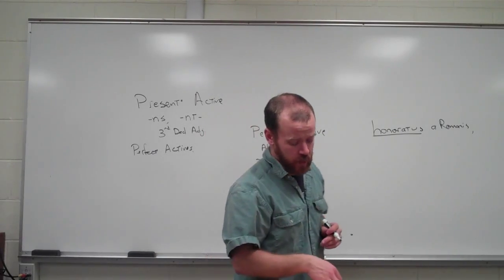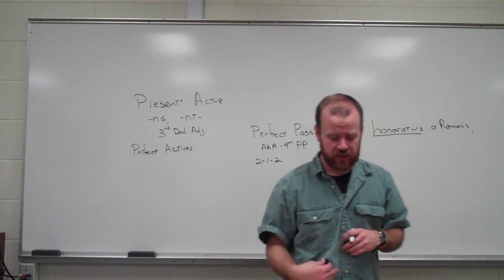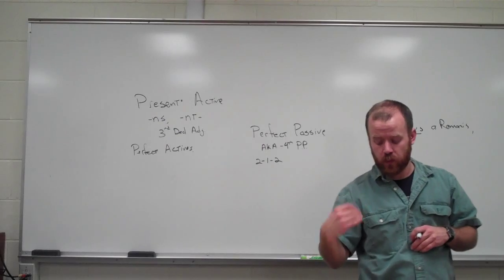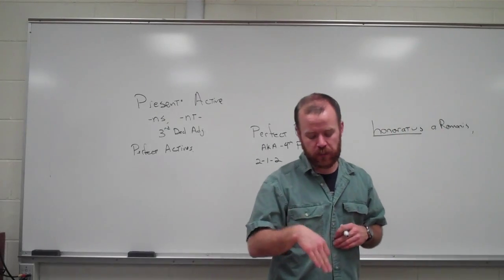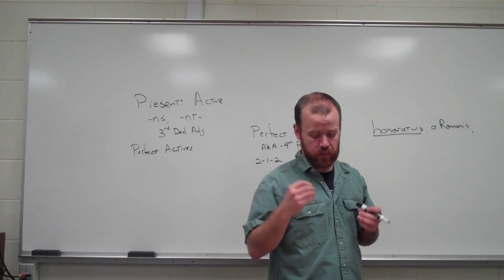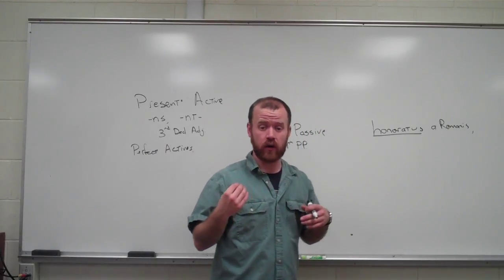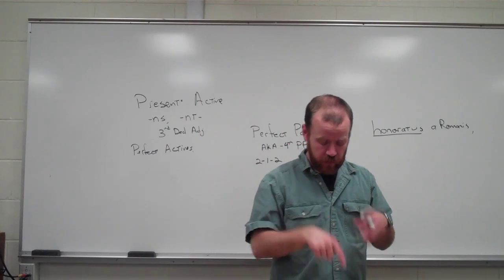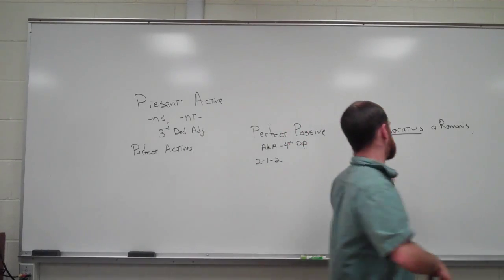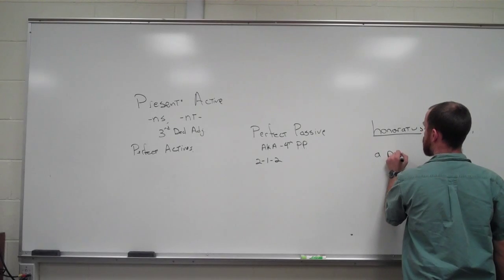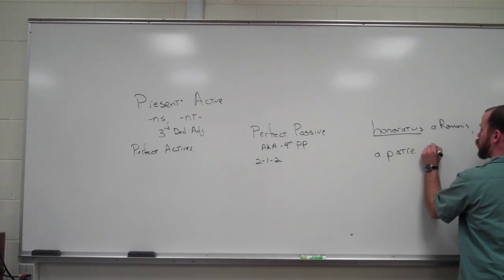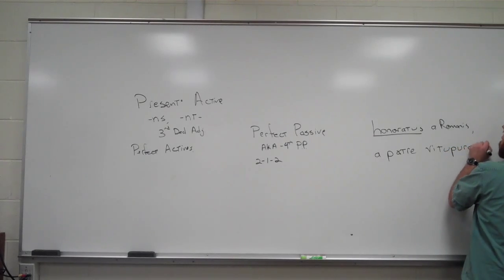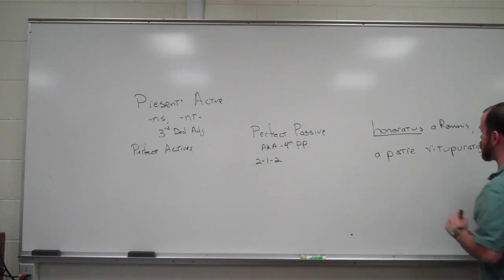The next one: puellae a patre vituperatae non responderunt. Vituperatae is our perfect passive participle, and it's agreeing with the girls, puellae, that's why it has this AE ending.